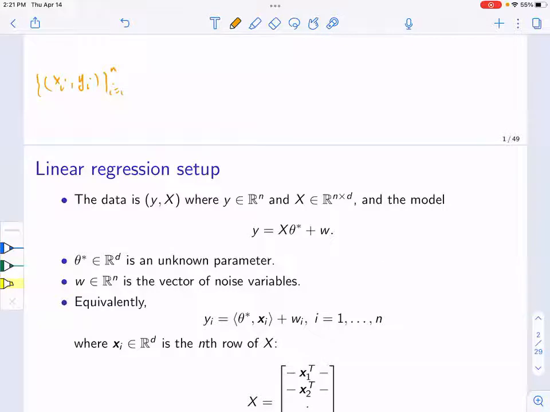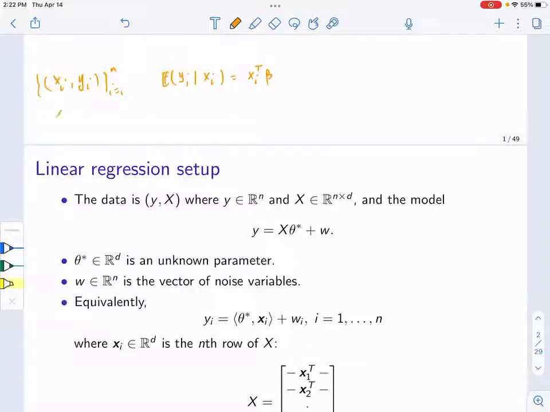So what is the model that the linear regression assumes? Let's say xi transpose beta. Yeah, so that's one way of doing it. Let's say these are coming from a distribution.